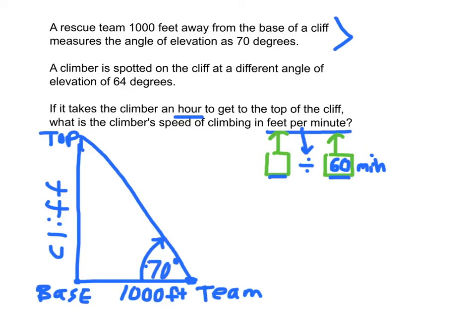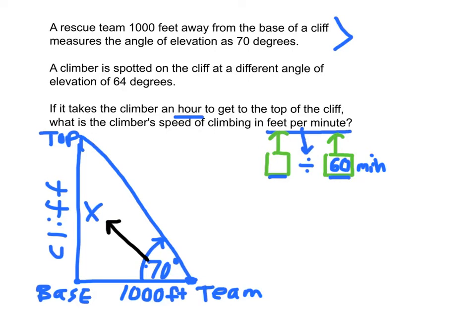From that picture alone, we can figure out how long the entire cliff is from top to bottom. And we're going to use SOHCAHTOA to do that. Let's figure out which of those three we're going to use, SOH, CAH, or TOA.